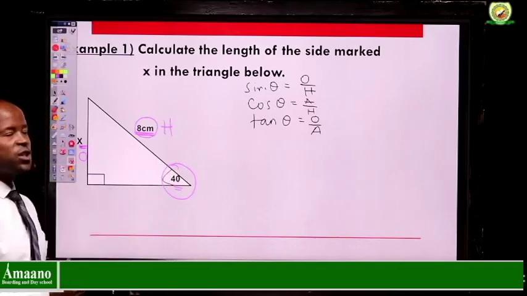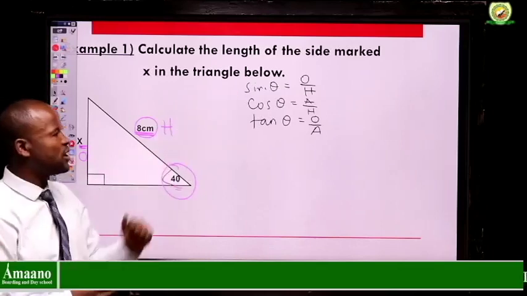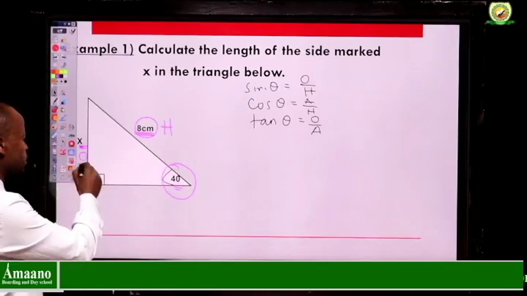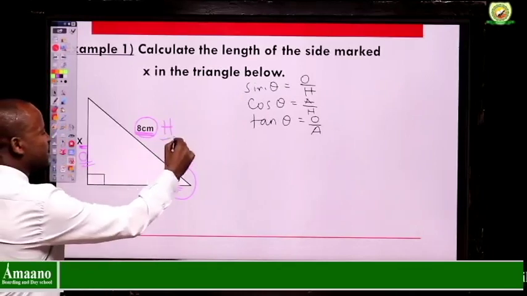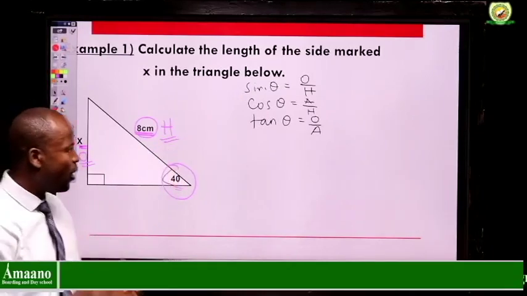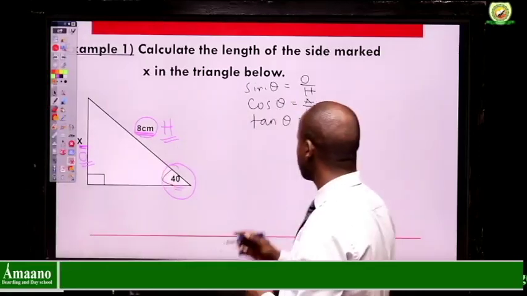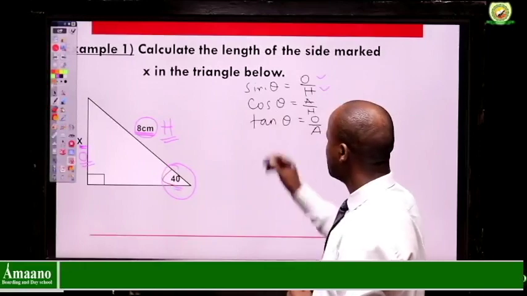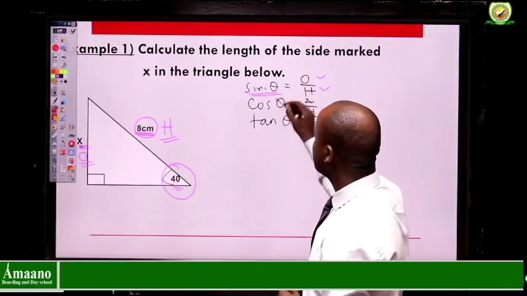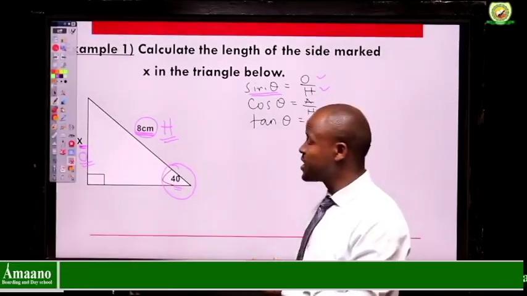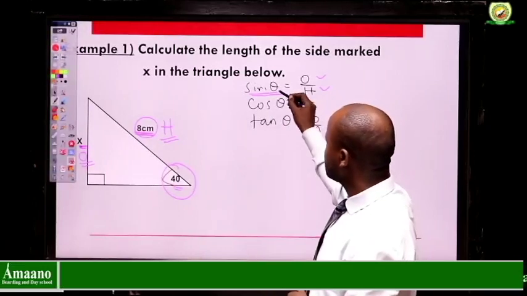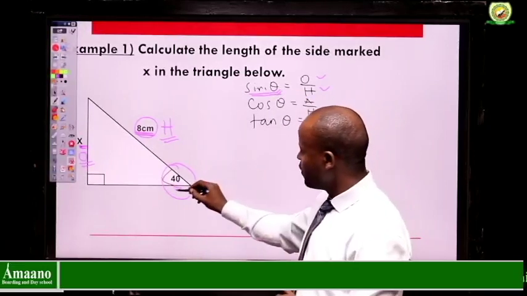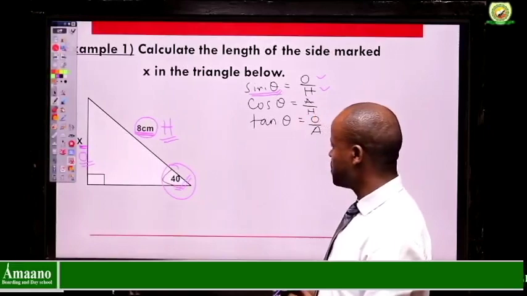Now, which of these three trigonometric ratios uses the opposite side and the hypotenuse? Let us check: opposite divided by hypotenuse. As you can see here, the opposite is given here and the hypotenuse is here. So we use the sine ratio, sine theta, but instead of theta we have the 40 degree angle.